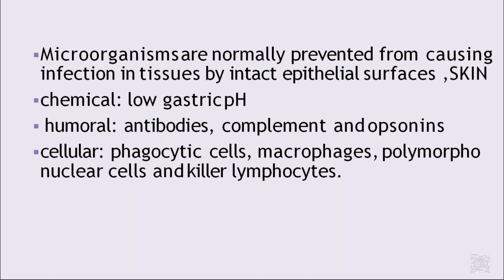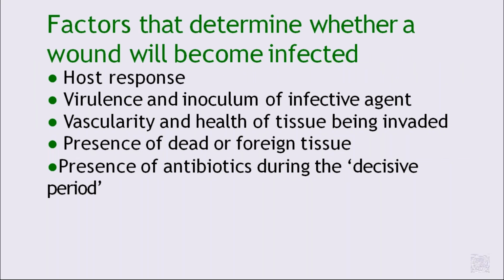So what are the chemical factors? Low gastric pH. Second one is humoral, that is antibody formation, complement and opsonins. At the cellular level, there can be phagocytic cells, macrophages, polymorphonuclear cells, and killer lymphocytes. All this prevents infections.